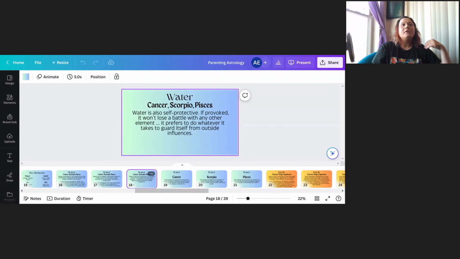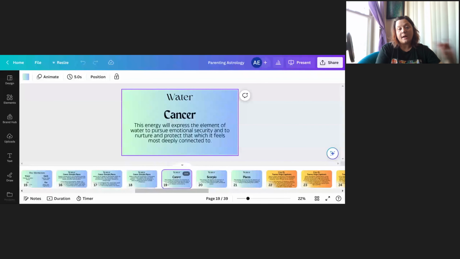So if you're self-protective, let's say you do have a Mars water sign, you might shy away from battle in general and just want to protect yourself. So that's where I love this information to just take notes and find helpful activities and tools that can help nurture all of the positive aspects of every sign.